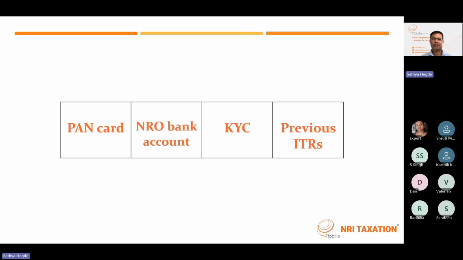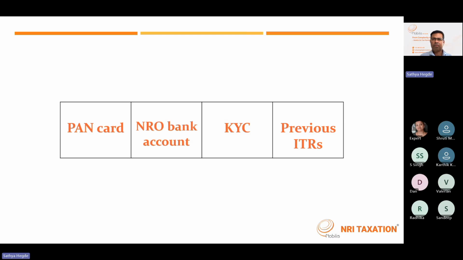No longer is there endless paperwork. Now there are much more definite rules and clear processes, but the sale of property still has its own issues which we need to look into. PAN card: make sure your PAN is active and you log into the tax office records and find out if there are any old items pending there.